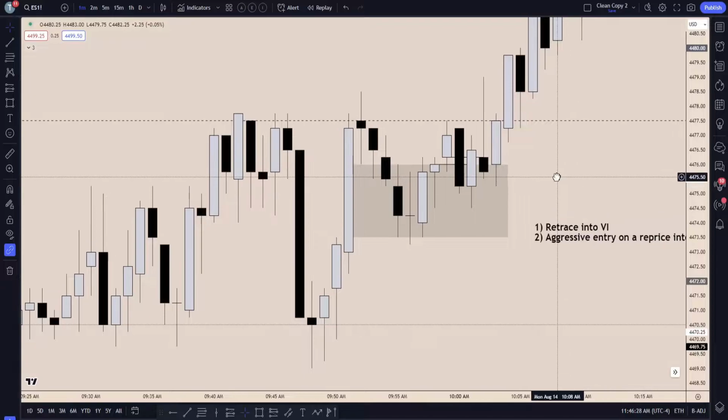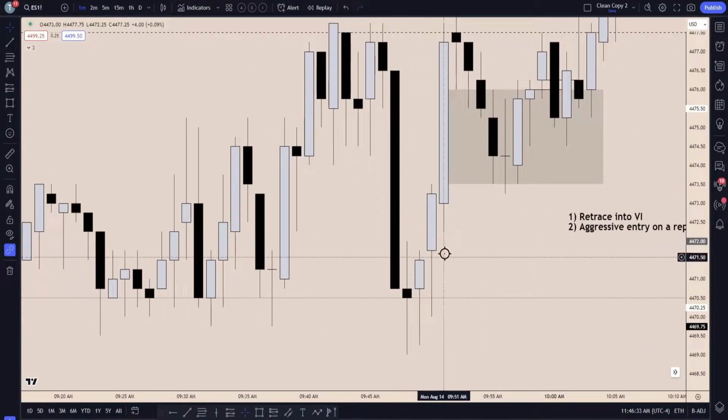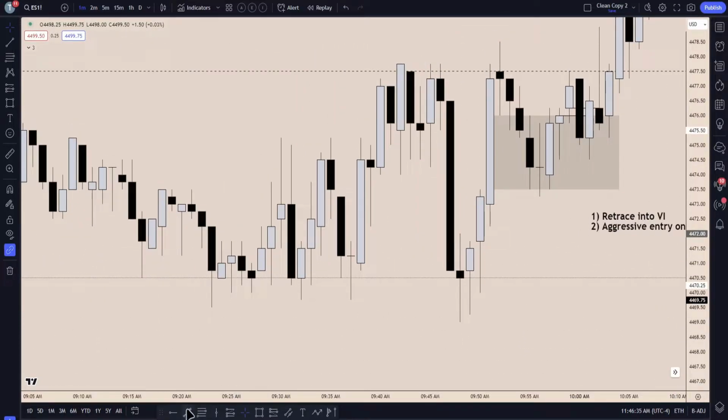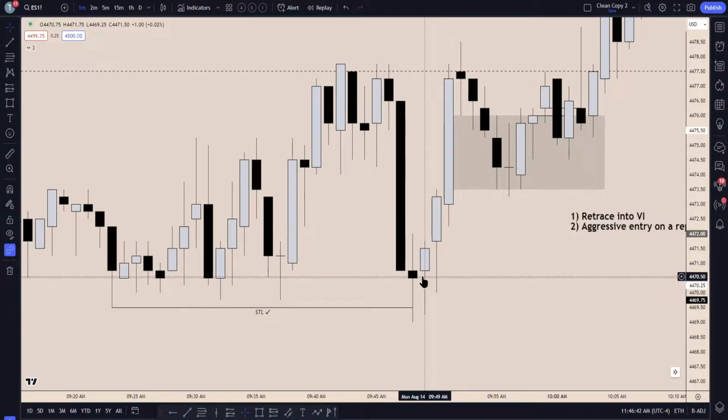The second way, which is the aggressive entry on a reprice, here's a perfect example of that. So we have just ran sell side liquidity. We hold at the midnight.